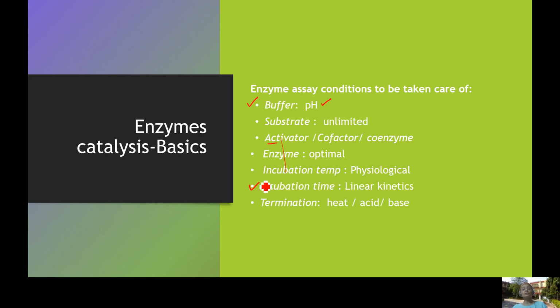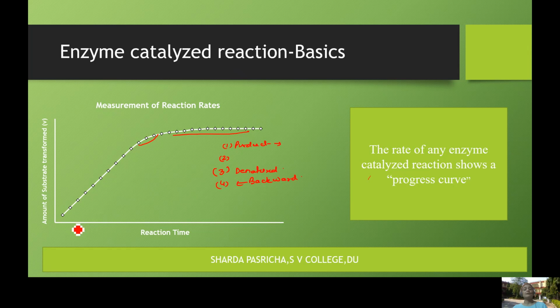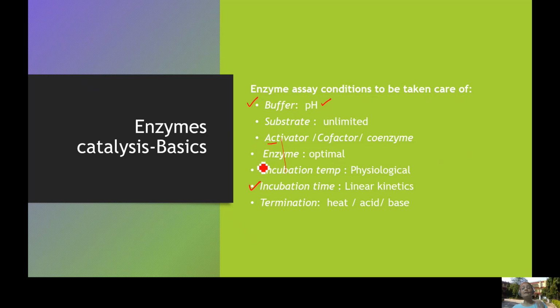And then is the incubation time. We have seen in this graph that the enzyme progress curve is linear for some time and after that the rate starts to retard and then it becomes constant. While you are doing the enzyme assays, it is important that the incubation time should be such that the enzyme is following linear kinetics.